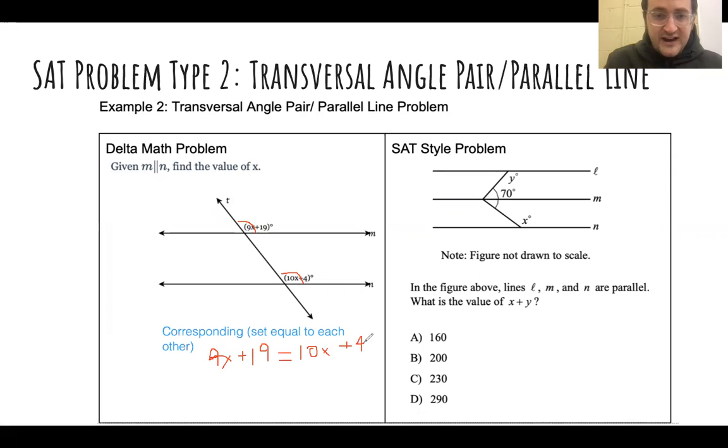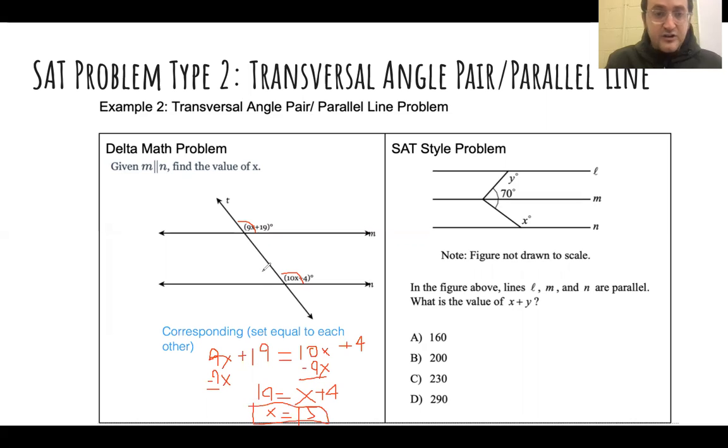And I'm going to subtract 9x on both sides. So I'm going to get that 19 is equal to x plus 4. And that means that x is equal to 15.